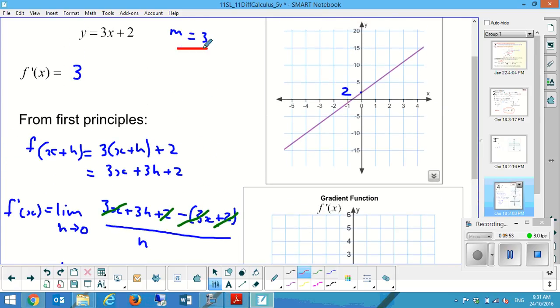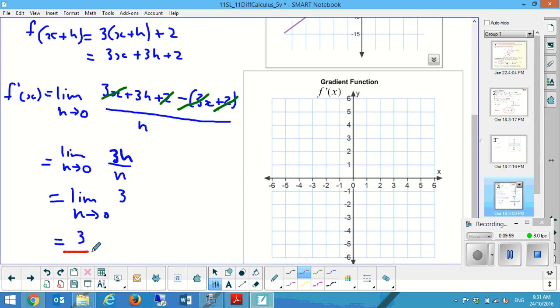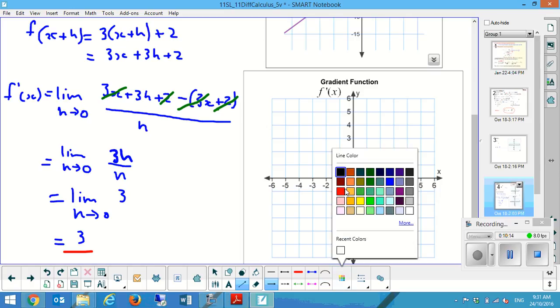We knew that already. So we could see that one easily, but that's just a method for using that formula of our limit. So in this case, our gradient function is going to be a straight line at 3.